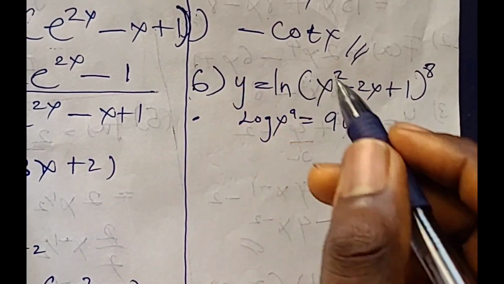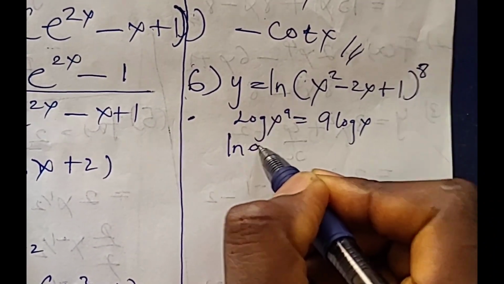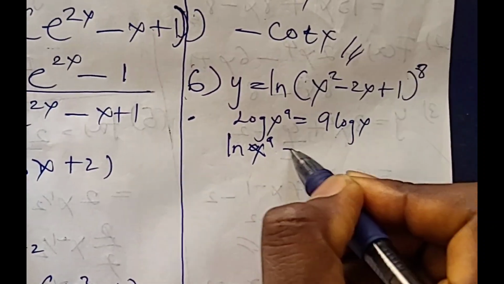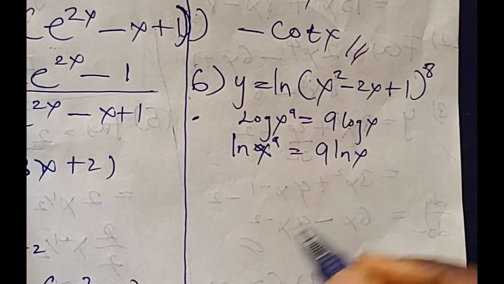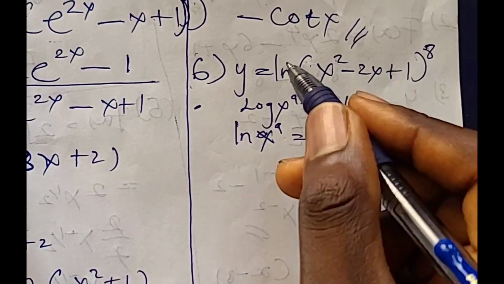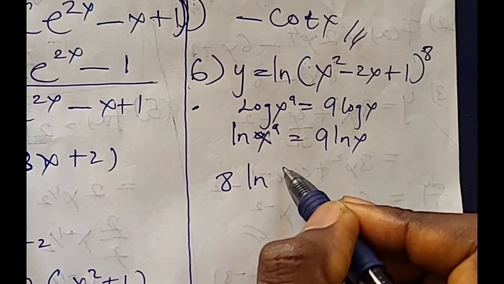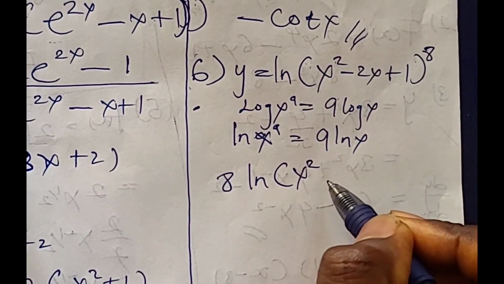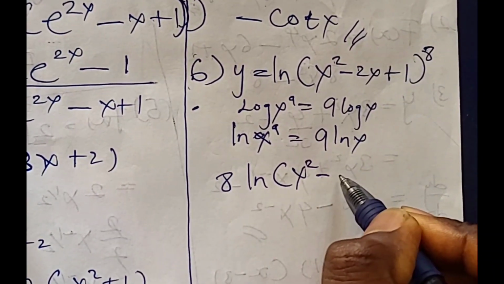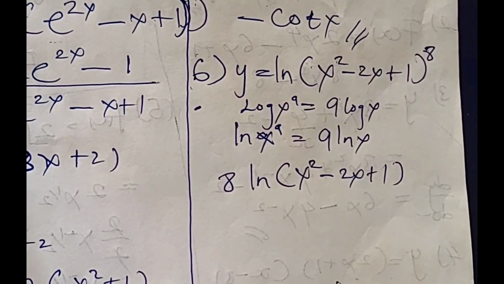It's still the same thing in natural logarithm: ln x raised to power a is also the same thing as a ln x, because we'll be applying the rules here. So to remove the power so that you'll be able to differentiate it, we say 8 ln(x squared minus 2x plus 1). I hope you understand what I'm doing.